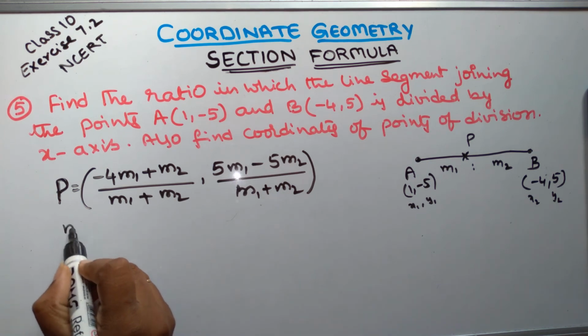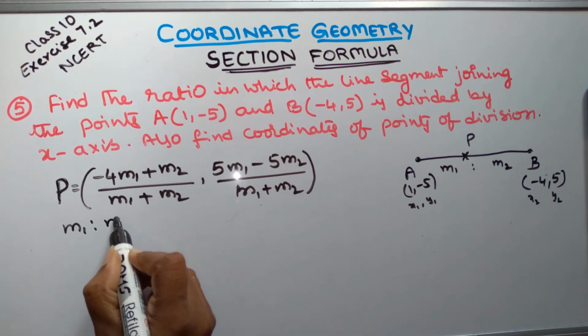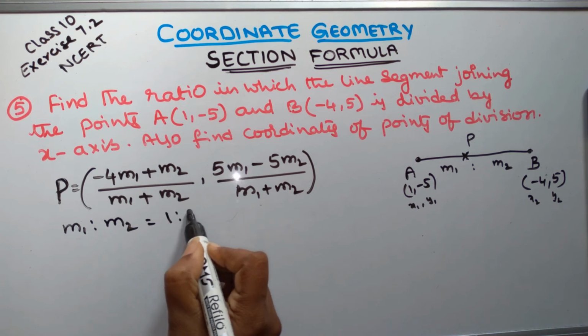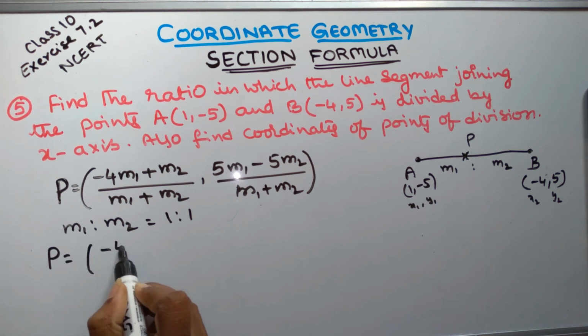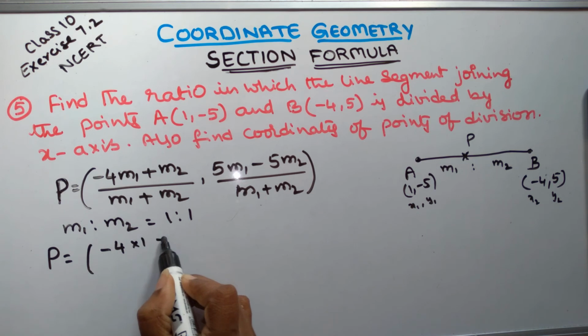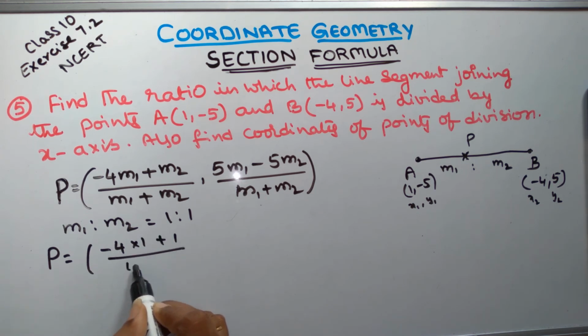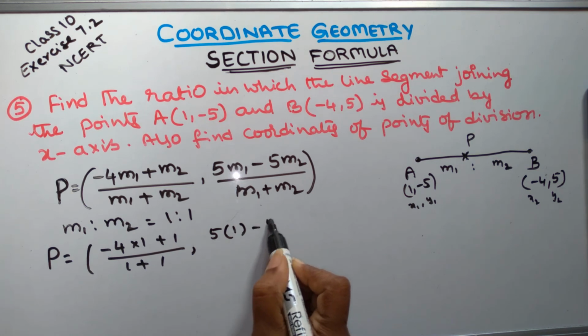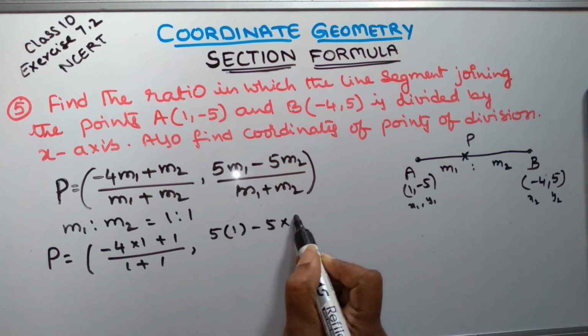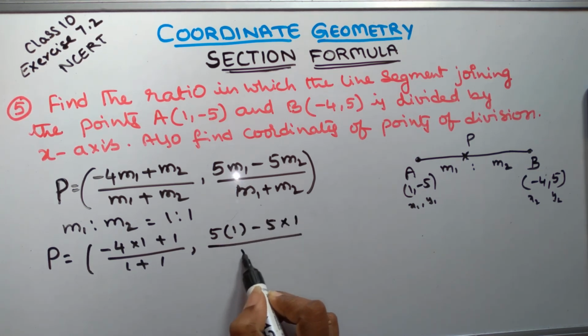We got the ratio M1 is to M2 as 1 is to 1. So M1 is 1 and M2 is 1. Let us substitute to get the point P. (-4 into 1 plus 1 by 1 plus 1, 5 into 1 minus 5 into 1 by 1 plus 1).